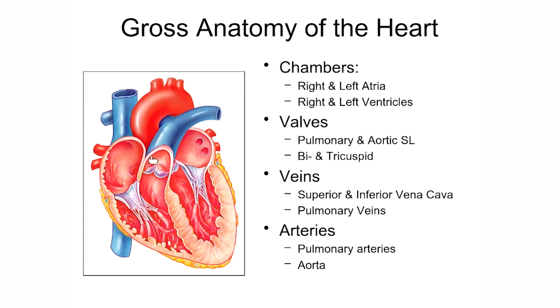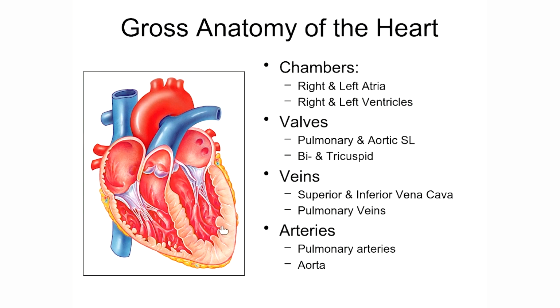The role of this particular valve is to ensure that when the ventricle contracts and pushes blood up into this vessel, and that blood starts to move towards the lungs, that blood doesn't backflow into the right ventricle. The aortic semilunar valve is on the left side of the heart, so it sits between the left ventricle and the aorta, which you can see right here, and it has a similar job.